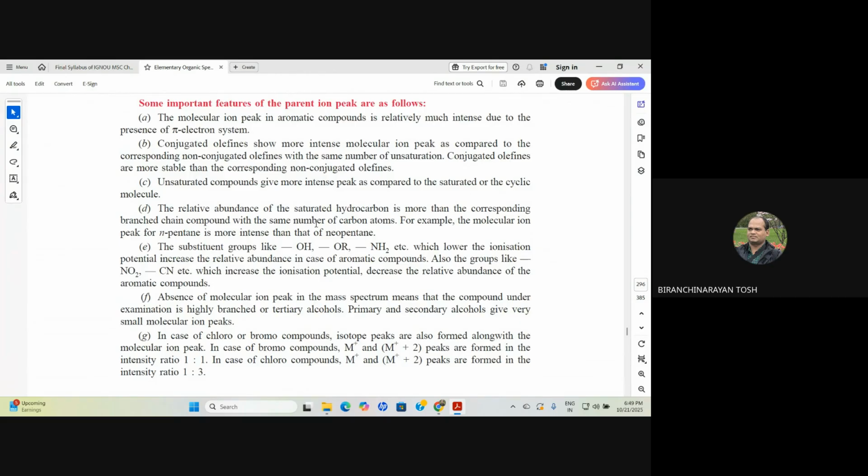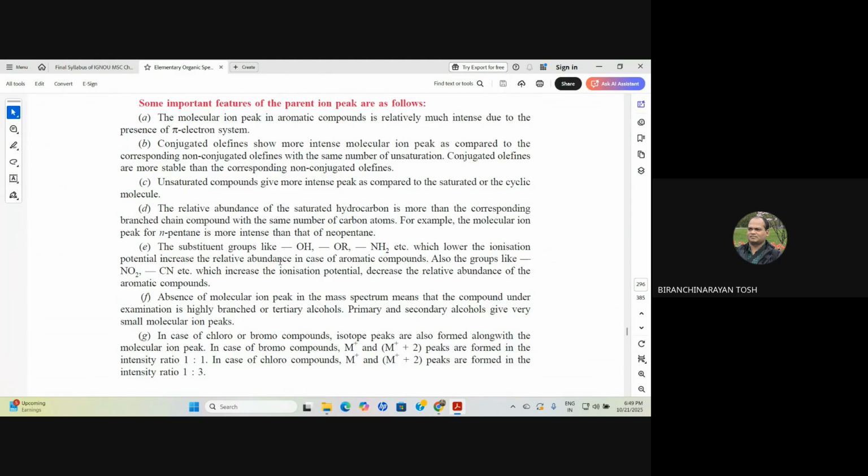In case of a saturated hydrocarbon, if it is straight chain, the relative abundance of the molecular ion will be more than when it is branched. That's why n-pentane gives a more intense molecular ion peak than neopentane. Neopentane is more branched, that's why its molecular ion peak is less intense.